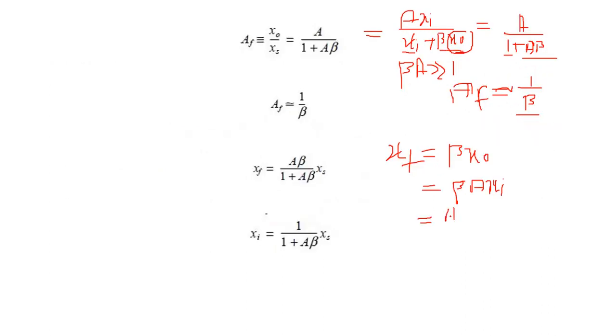So A beta into Xs minus Xf. So we can solve for Xf over here. So Xf into 1 plus A beta equals A beta Xs. So Xf finally will be A beta Xs divided by 1 plus A beta.